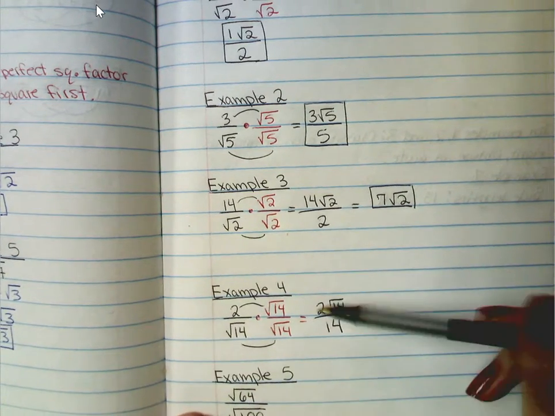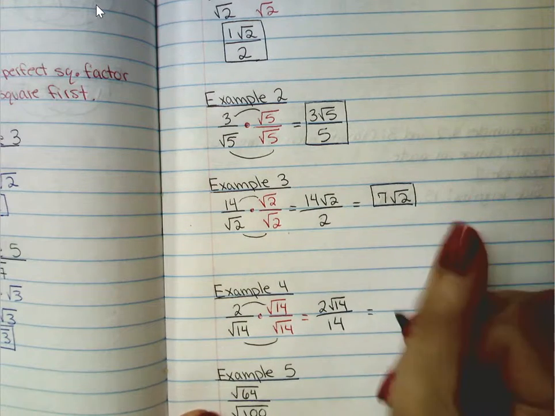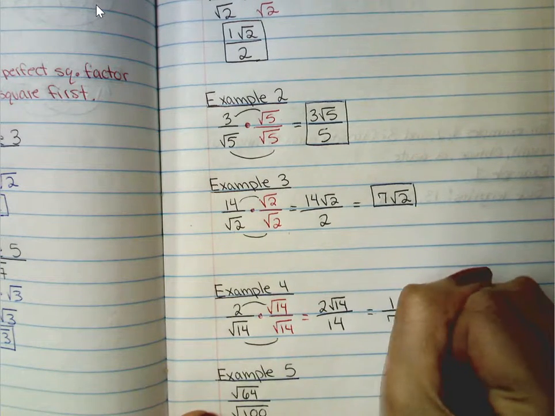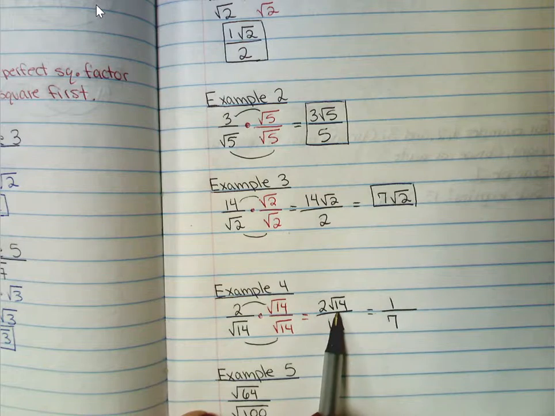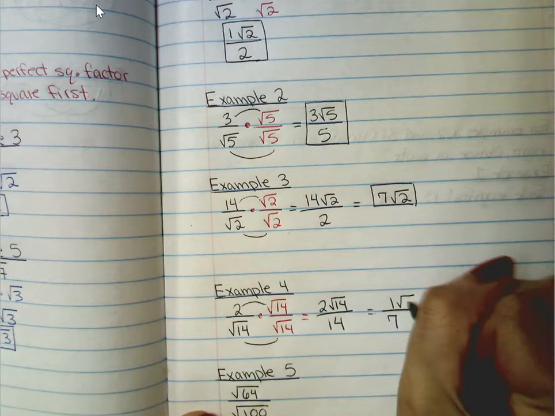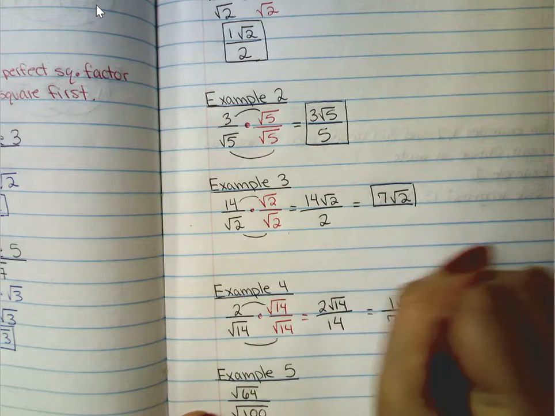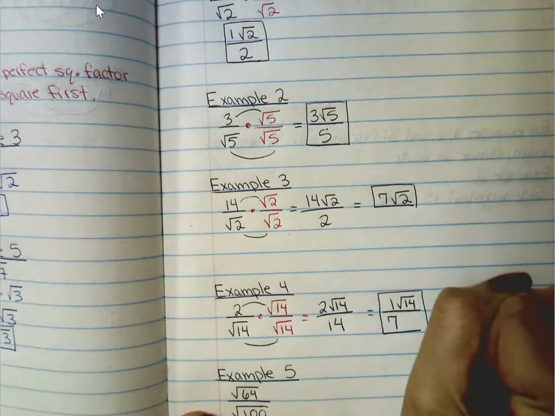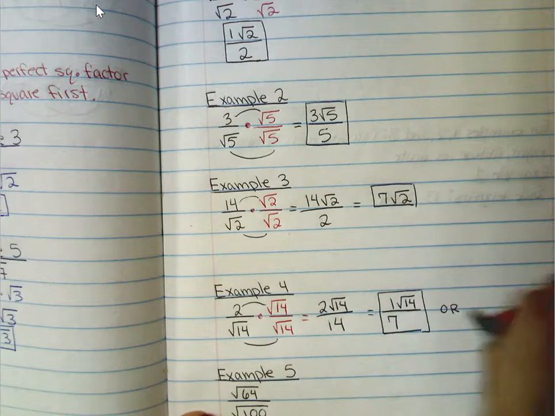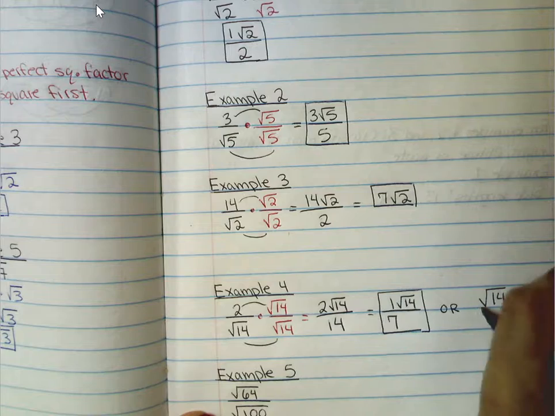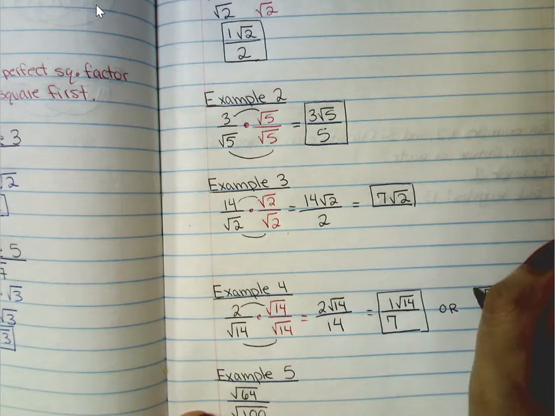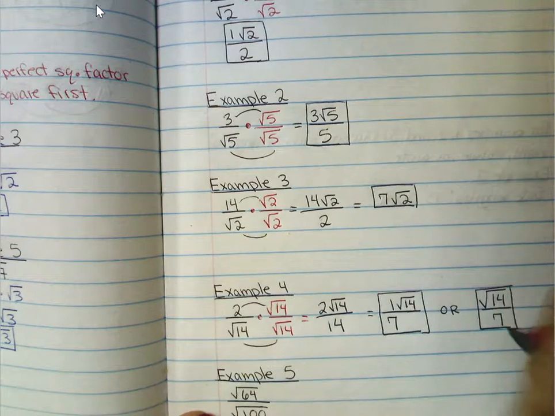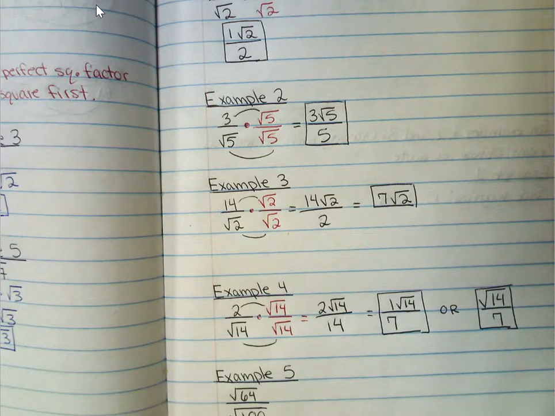And I have to simplify 2 over 14, so that reduces to 1 over 7. And so the square root of 14 has to stay on top next to the 1. So this is my answer. Or you might see it as just square root of 14 on top and the 7 on the bottom. Remember, the 1 is not necessary, so you could just leave it like this.